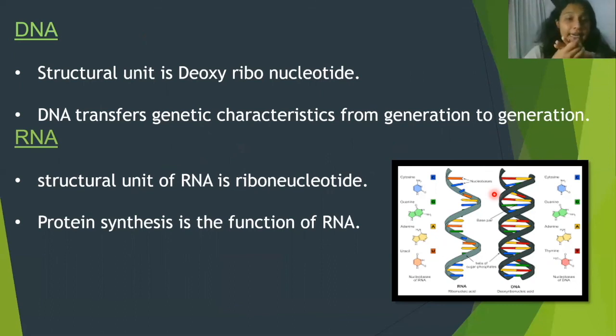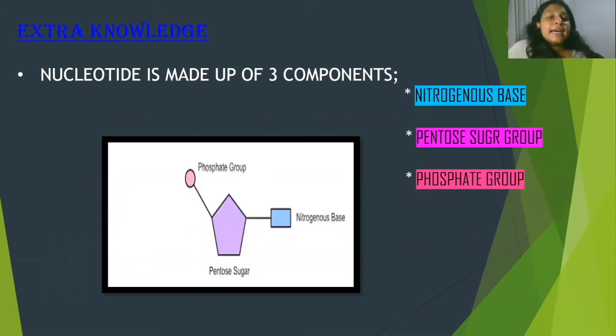And then ribonucleotide is the structural unit of RNA, and protein synthesis is the function of RNA. Protein synthesis is a kind of complex process. You will learn it if you hope to do biology at your A levels.